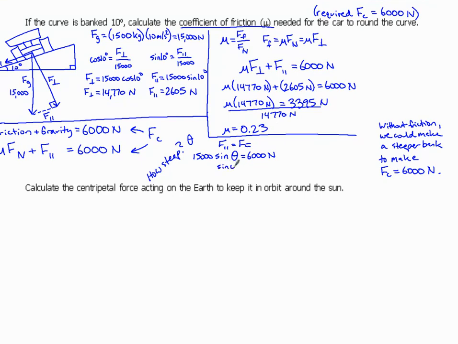So a little bit of solving. Sine theta equals 0.4. Finding theta, 23.6 degree bank. So if we banked this curve in this situation 23.6 degrees, we would have no need for friction at all. It could be completely frictionless and still make this turn with this amount of bank.